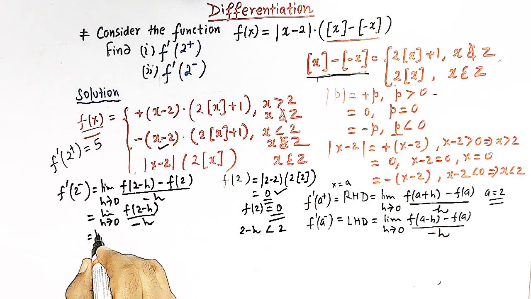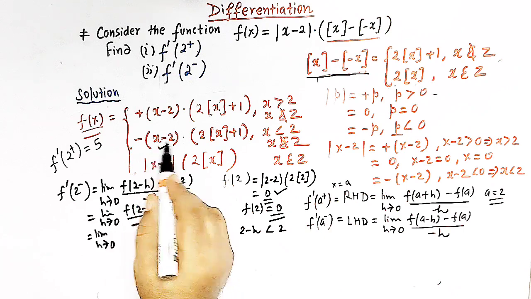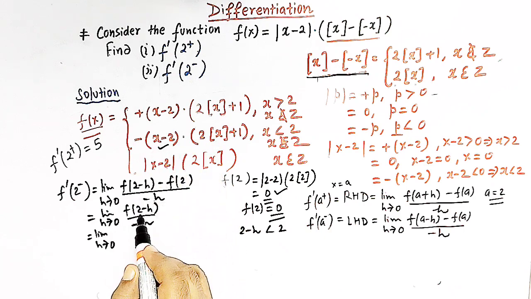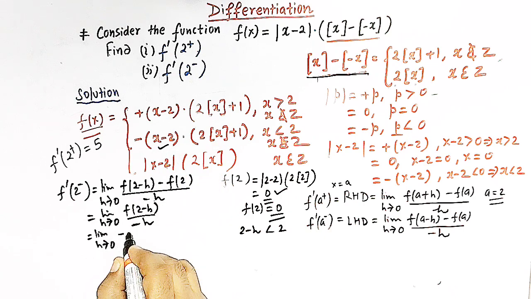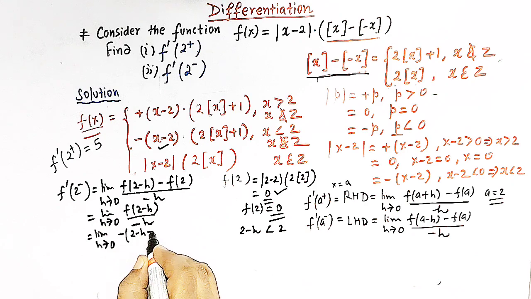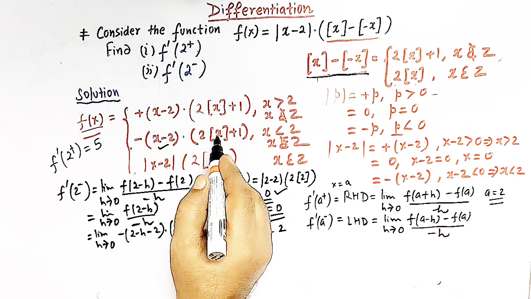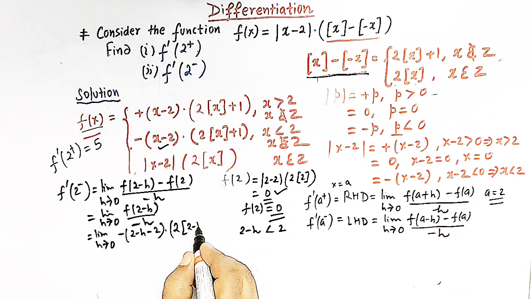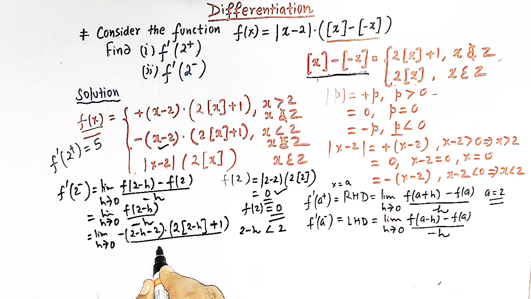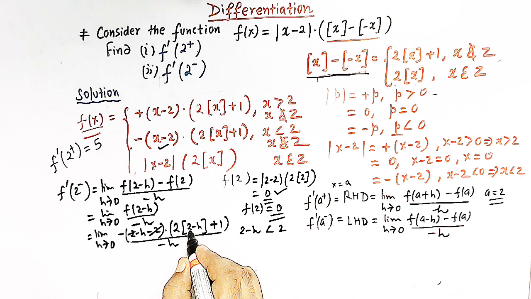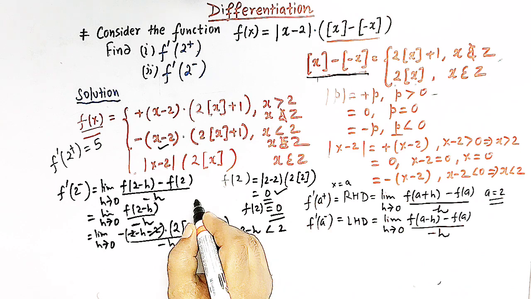So now we have limit h tends to 0, and we can now replace here x by 2 minus h. So we have minus, 2 minus h minus 2, and then we have 2 times the greatest integer of x, that is 2 minus h. Here we have 1, and now here we have minus h. Now see, this 2 and this 2 get cancelled, and here we have greatest integer of 2 minus h.